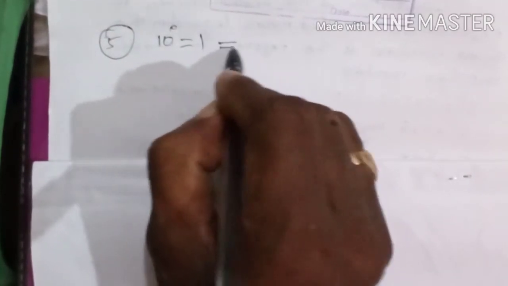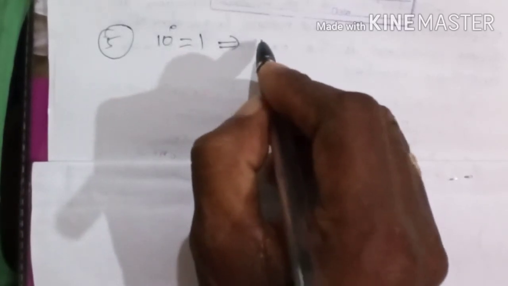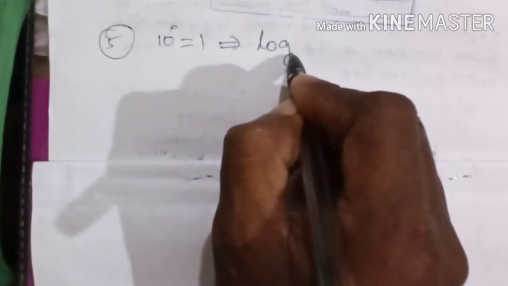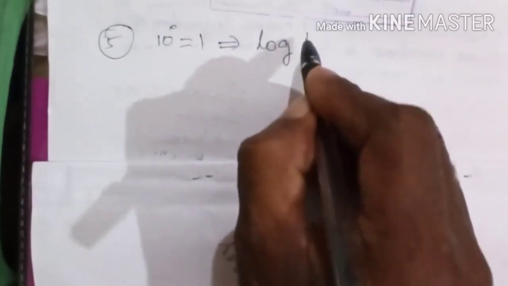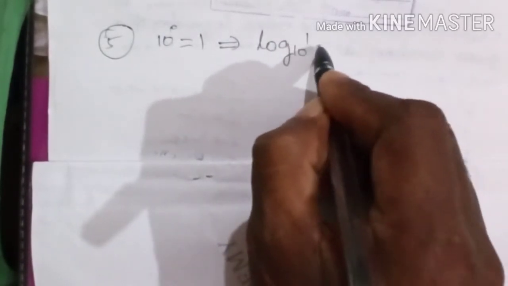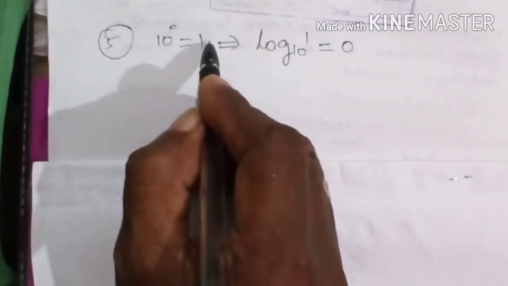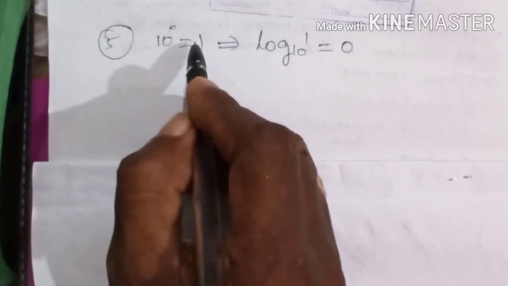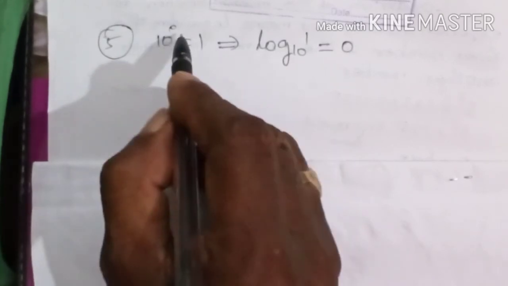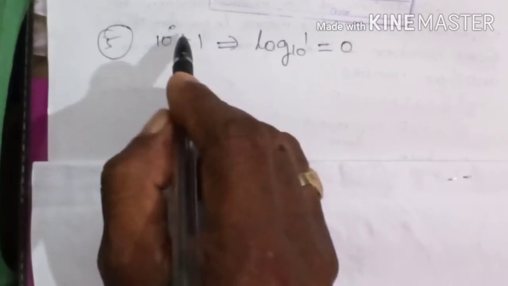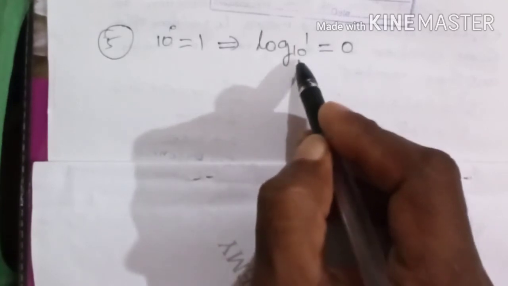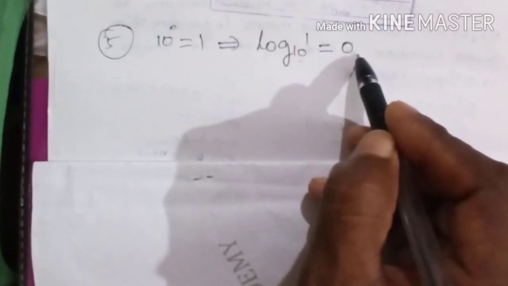If we write this in logarithmic form, we will get log 1 to the base 10 is equal to 0. The places of 0 and 1 are changed here.